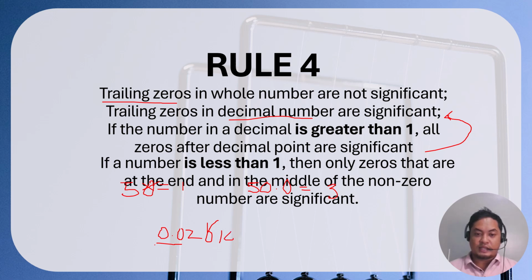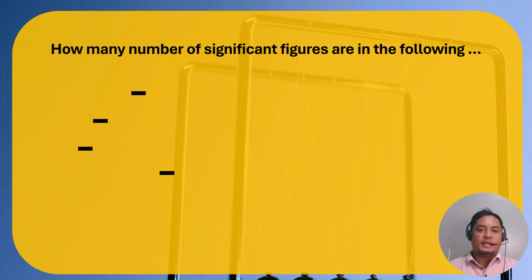But if we add a 0 here, so we have 0.02010, since it's a decimal number less than 1, the zeros at the end are significant. So we have 1, 2, 3, 4, and 5. 5 significant figures.